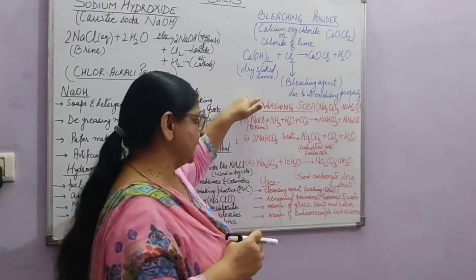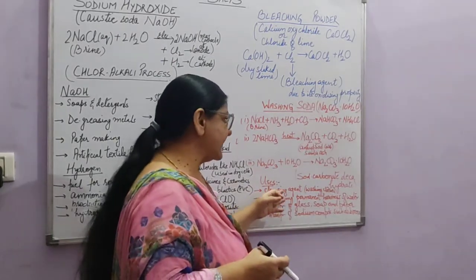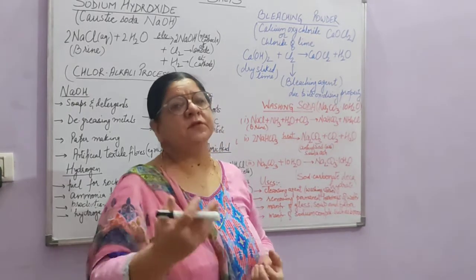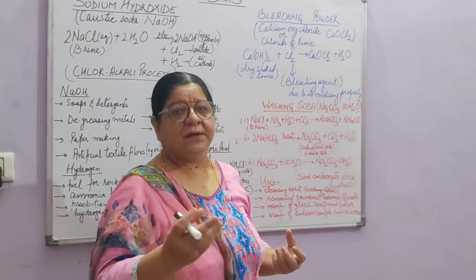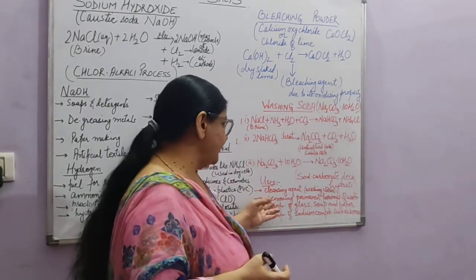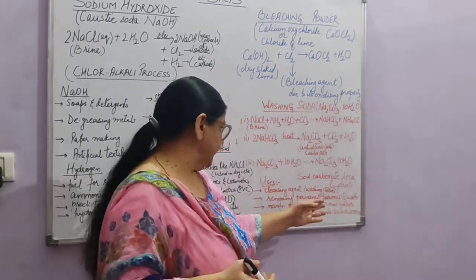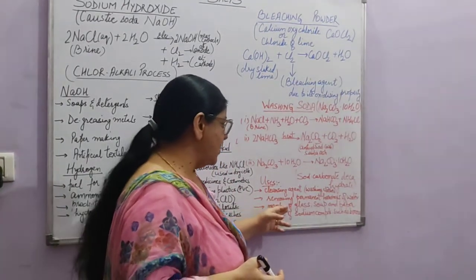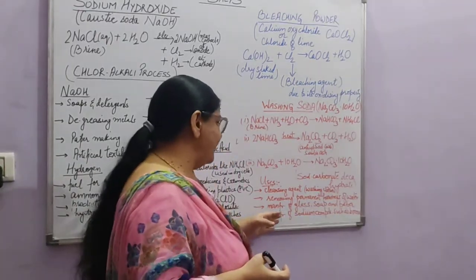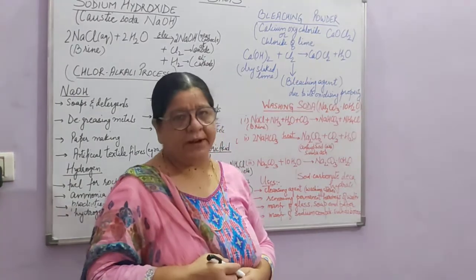Now this washing soda, as the name indicates, is used as a cleansing agent for washing the clothes. This is also used in the preparation of some detergent powders. Then it is used for removing permanent hardness of water, in the manufacture of glass, soap and paper, and in the manufacture of sodium compounds such as borax.